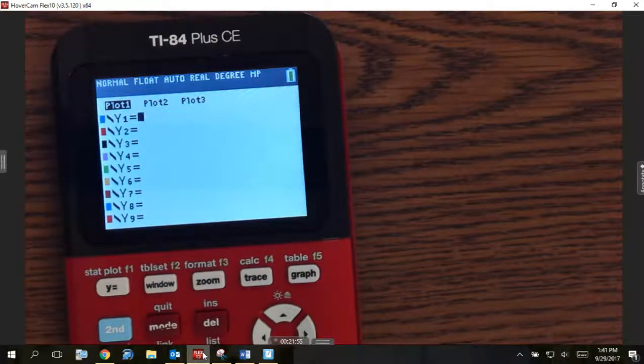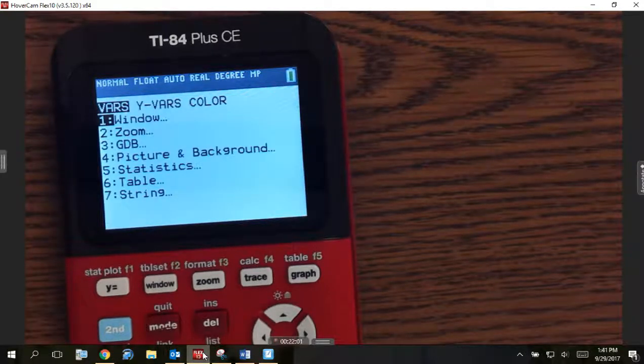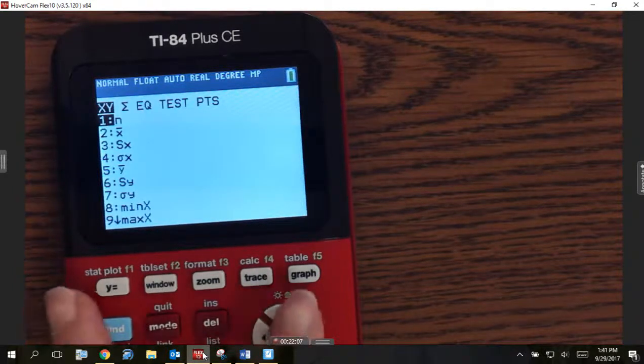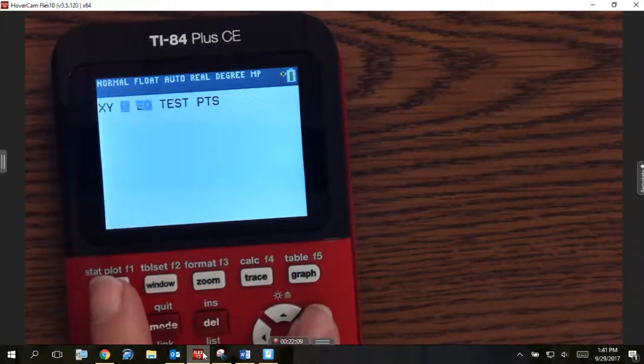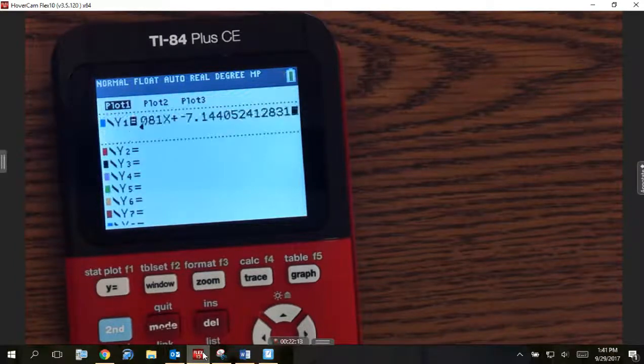So we're in y equals first. And then we do vars. And then from vars, you go down to number 5, which says statistics. We go over to EQ and choose regular EQ. And it should put the equation in y equals.